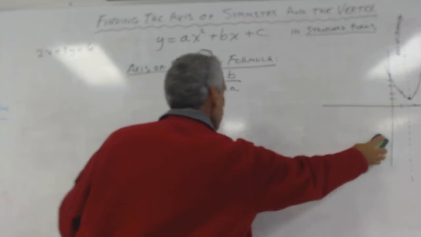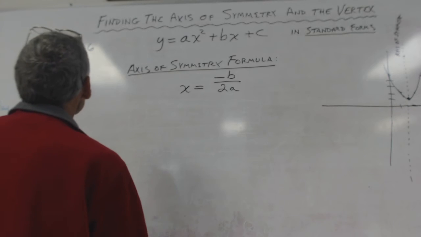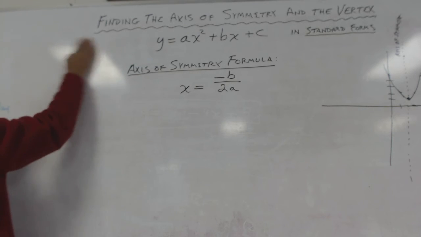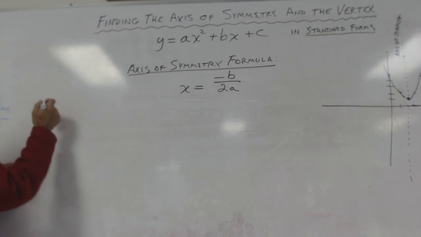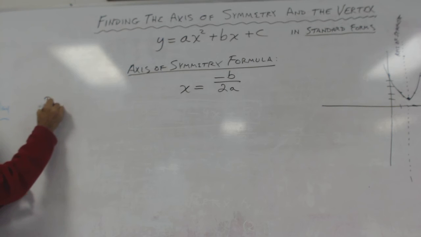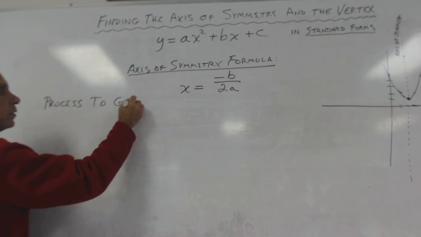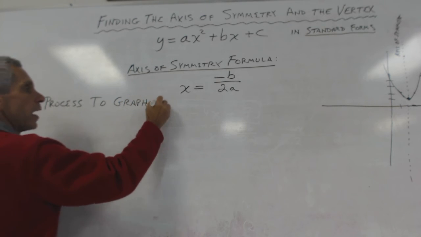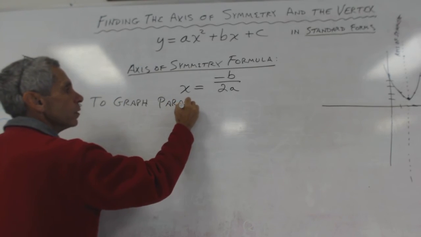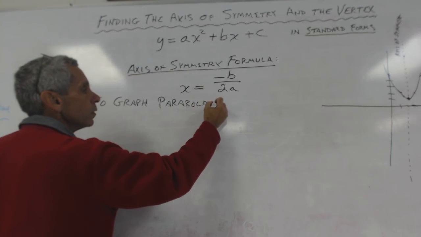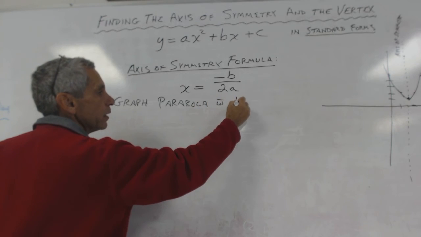The key is this. The process. Let's talk about the process to graph a parabola with a B. All right?